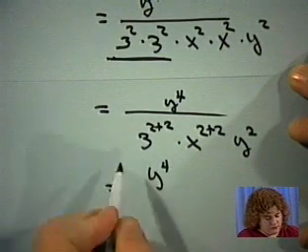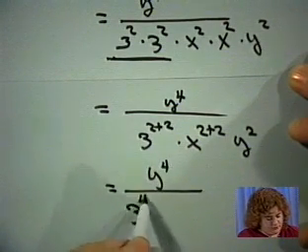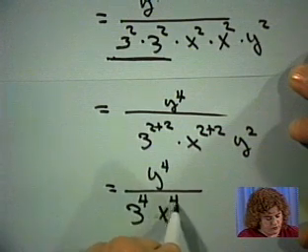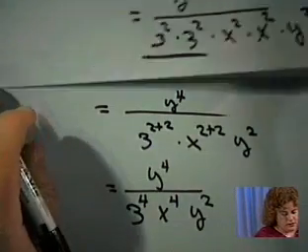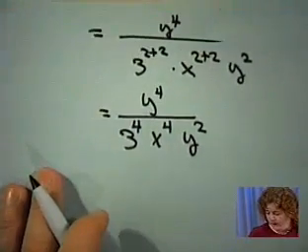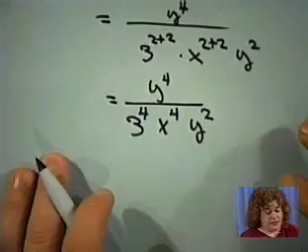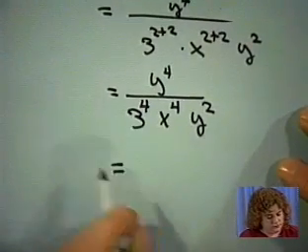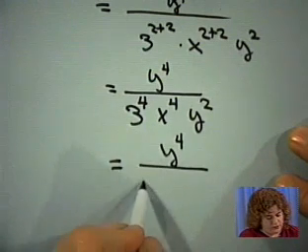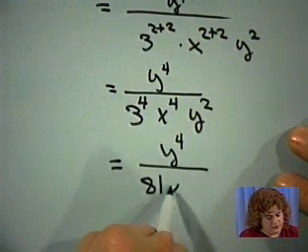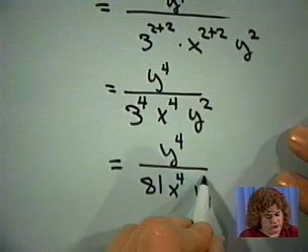Now I have y to the 4th over 3 to the 4th x to the 4th y squared. 3 to the 4th is going to be 81. So I've got y to the 4th over 81 x to the 4th y squared.